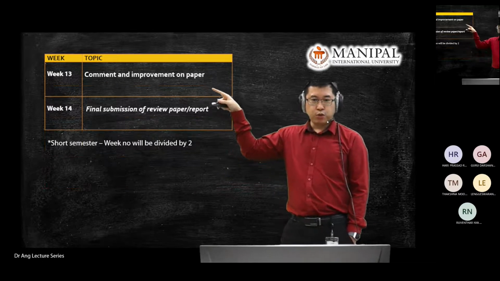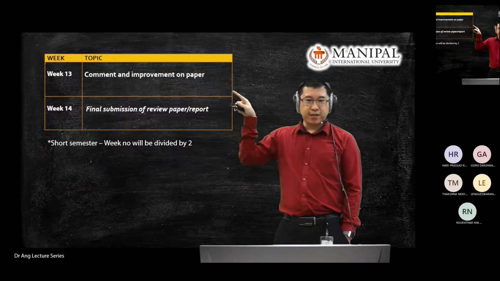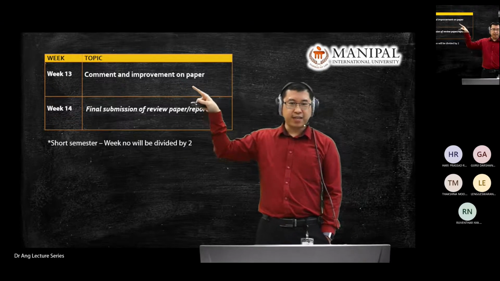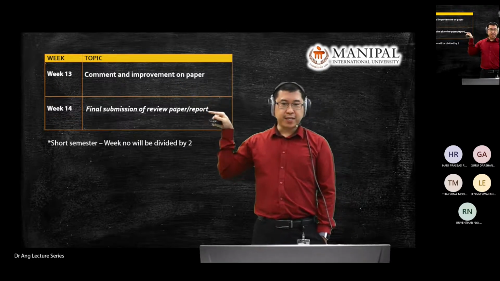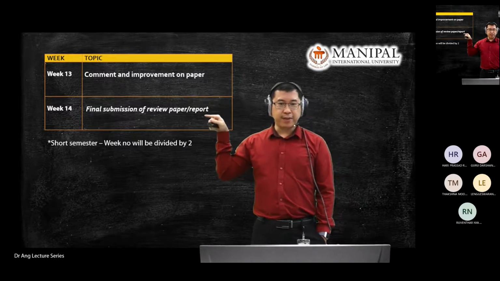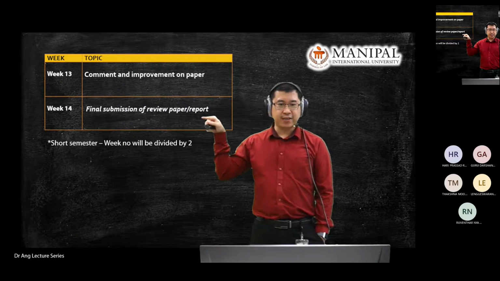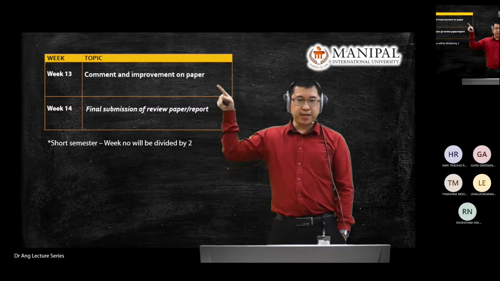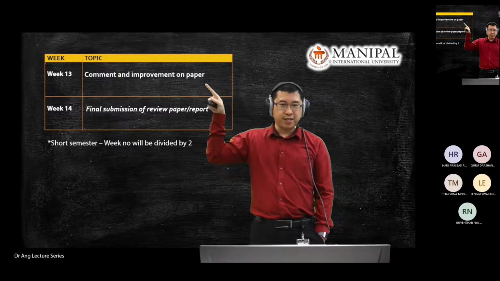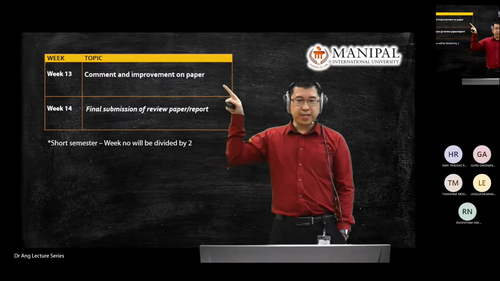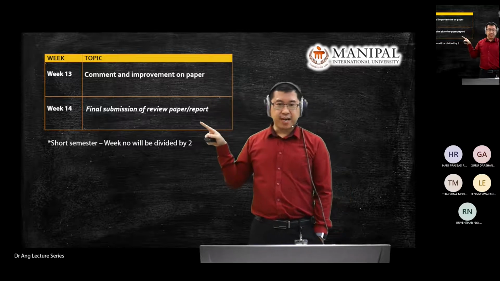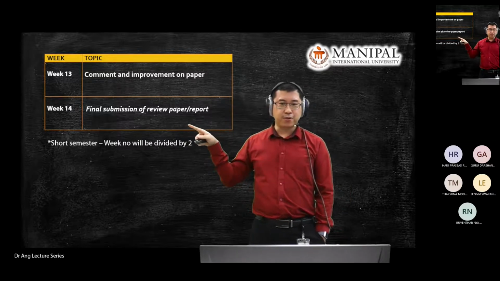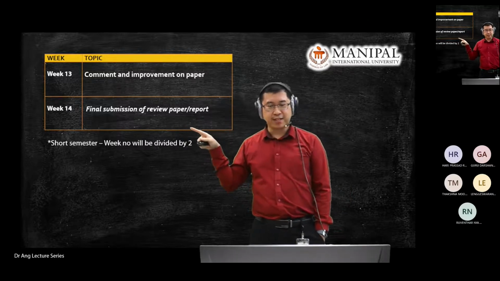If you do not do any improvement, you do not listen to the comments, and at the end you pass up the same thing, your mark will remain at 70 out of 100. If you do improvement, this is the chance I help you. You do improvement, you meet the expectation, at the end you submit, your marks will be more than 70.